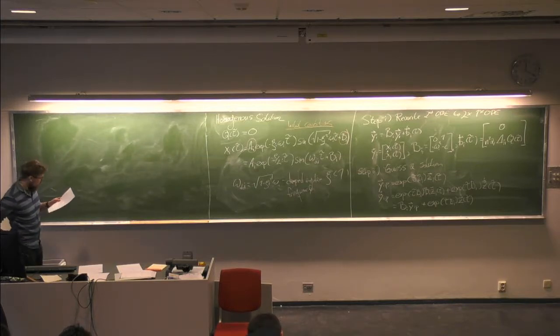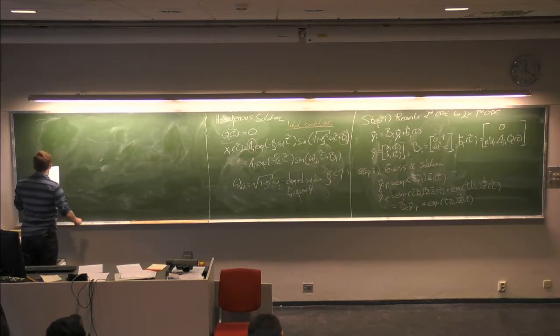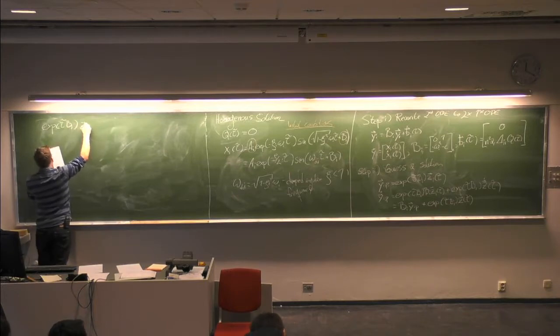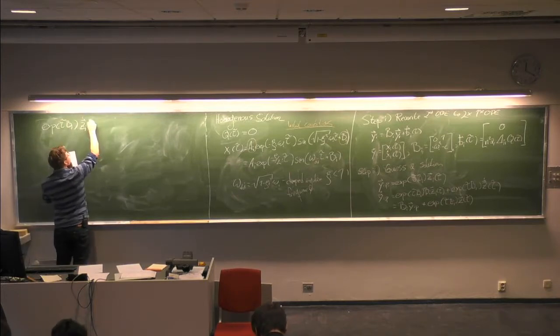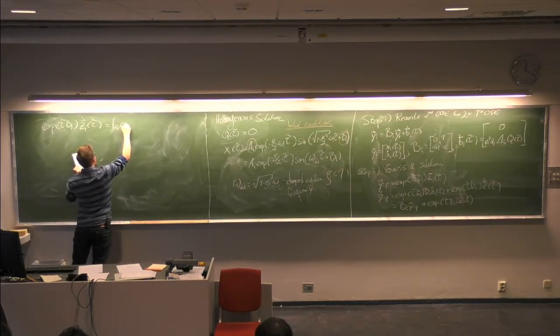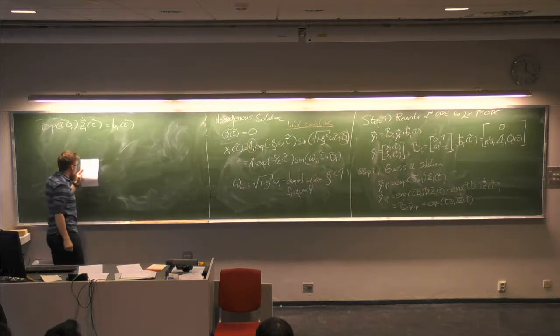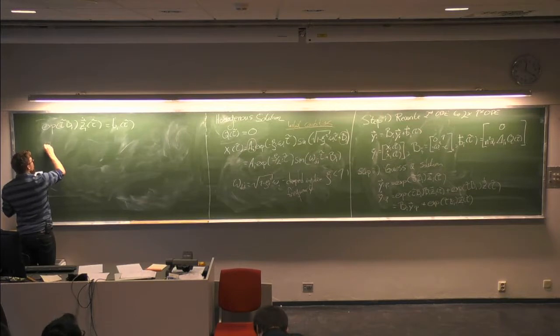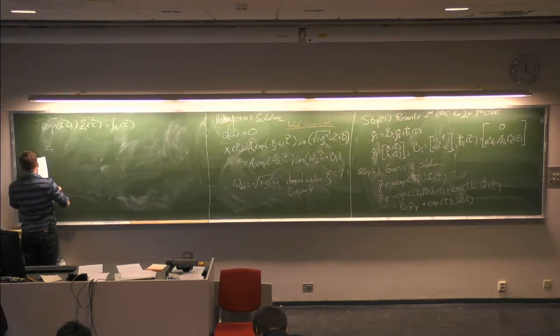Okay, so trying to insert this, we get that exponential function of tau. Then we can figure out what this Zi is supposed to be by changing it in time.